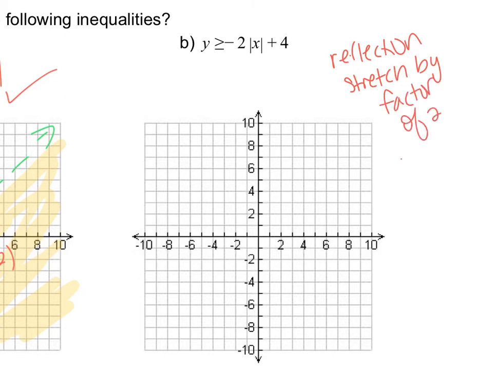And then it's shifted up 4. So go up 4. And it's reflected, so it's going to be upside down. And the slopes of the lines are going to be 2 and -2. So right there, here, and here. It's going to be a solid line.